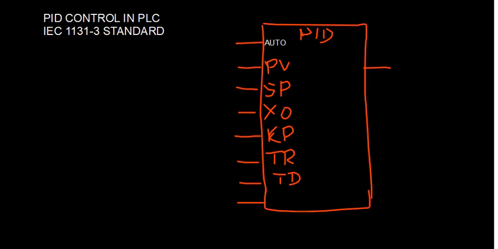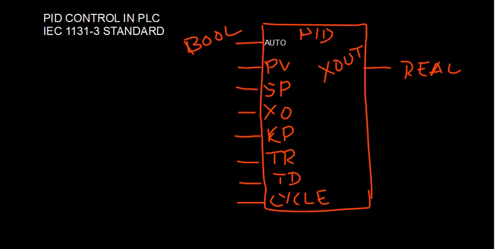So these are, one is the Boolean value, and all these are real, real, real, real. I'm using a little shortcut here, and finally this is the time.